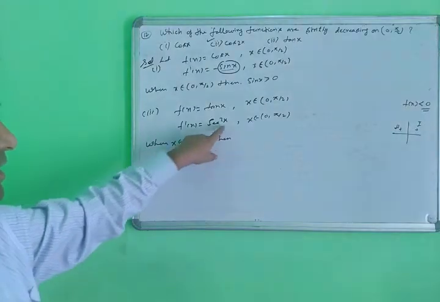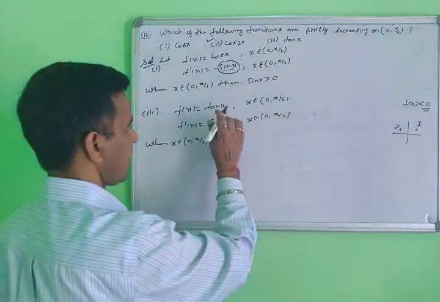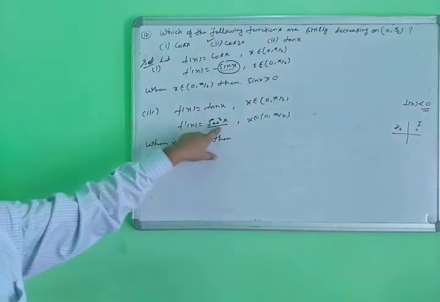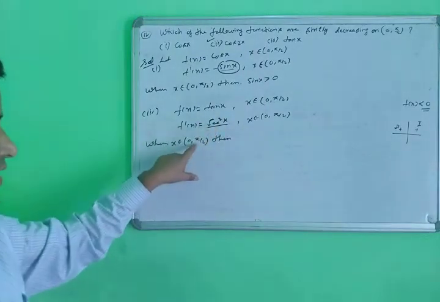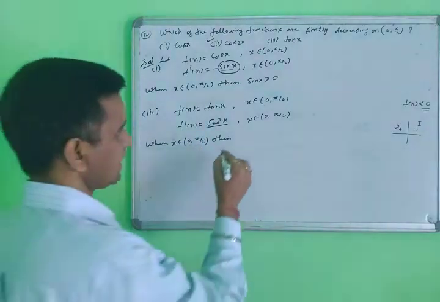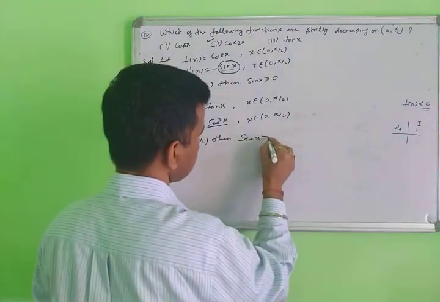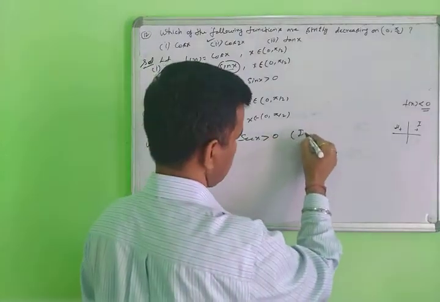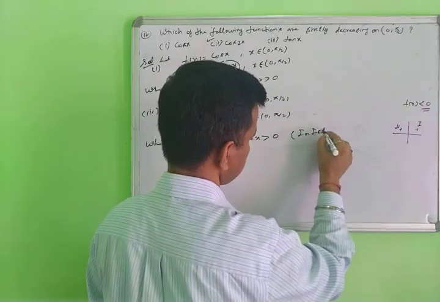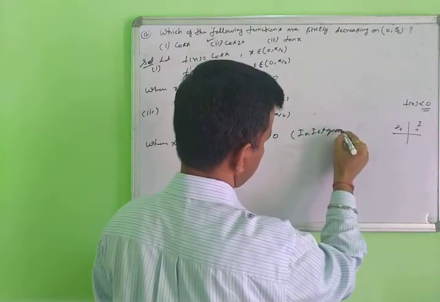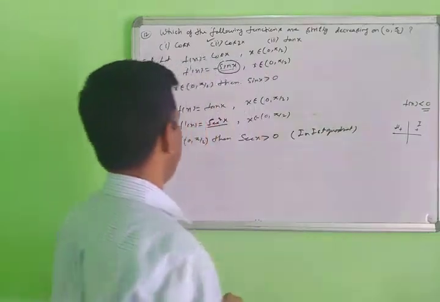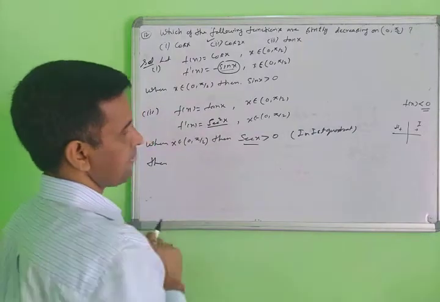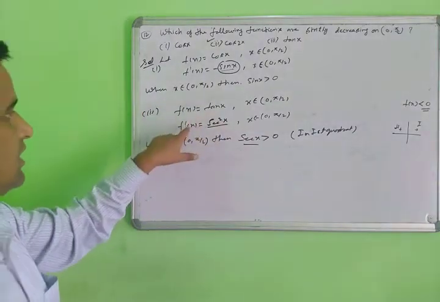The theta here is only x; the square does not matter, but the theta here is only x, so sec x is in the first quadrant. 0 to pi by 2 means first quadrant, and sec x is greater than 0 in the first quadrant.